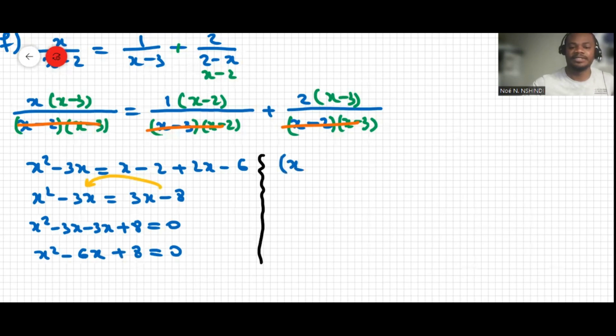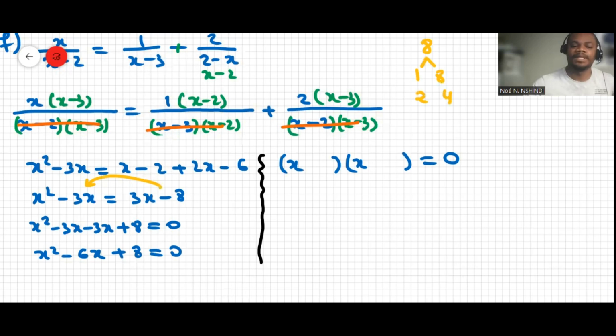So we can write x here, close there, x there, close there, equals 0. Then I'll look at the number 8 and factorize. Factors of 8 are 1 and 8, 2 and 4.